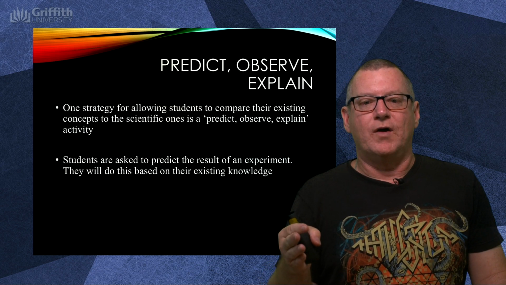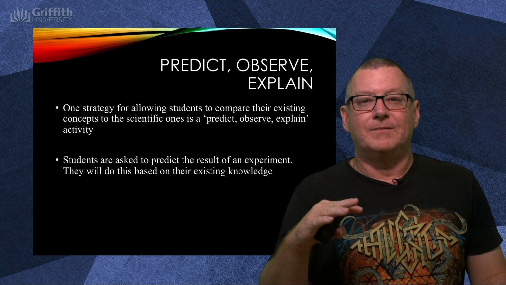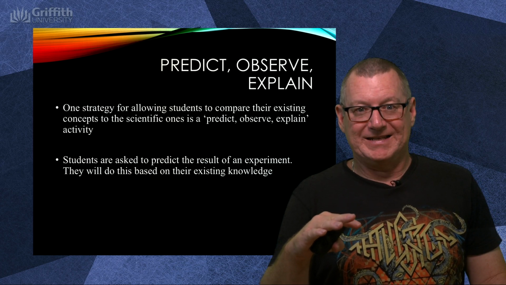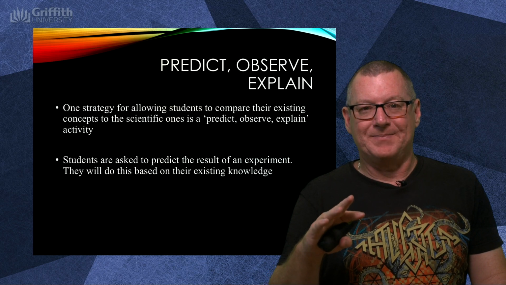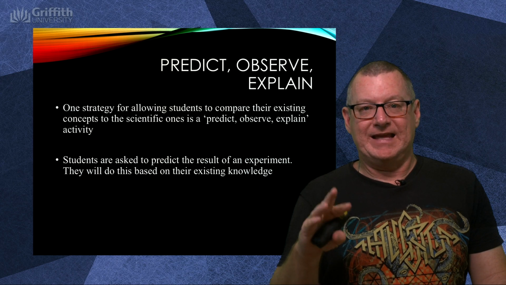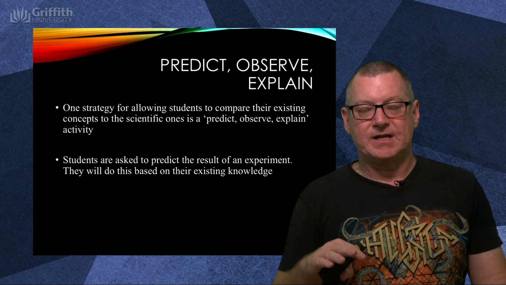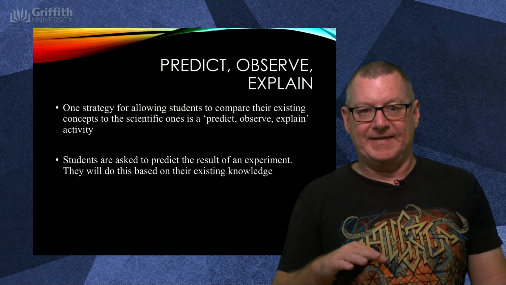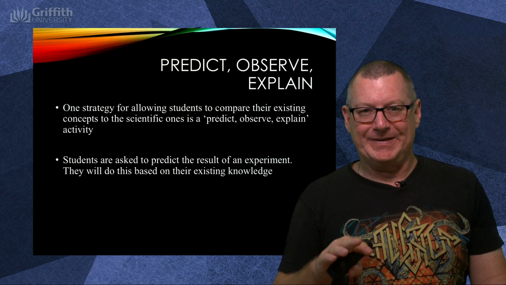Interesting side note on this is that people observe what they expect to observe. So you actually may have to slow down the video or do something, because just doing this experiment, the students who predict that the heavier object will land first will see the heavier object land first, while the students who predict that they'll land at the same time will see them land at the same time in the same experiment.